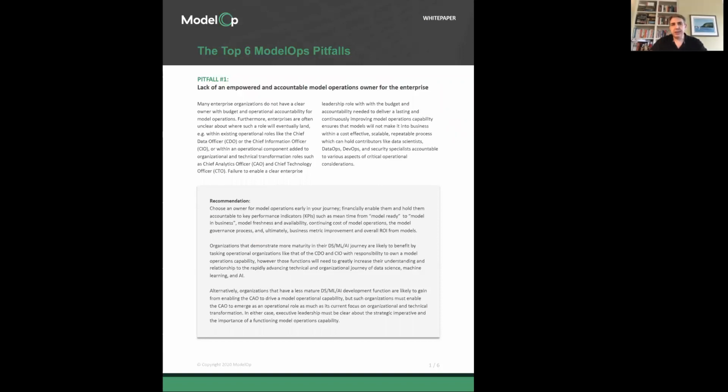And I'll remind you that these models are often in production for a long time with complicated retraining, complicated champion challenger type automations that are very sensitive to changes in data and other things, and often are executed in environments that are completely locked down from the data scientists. They may have security requirements, PII requirements, other types of requirements. So it's a truly operational capability, and so it naturally falls to the CIO. So not understanding that can really slow down a large organization's adoption of ModelOps as a capability.